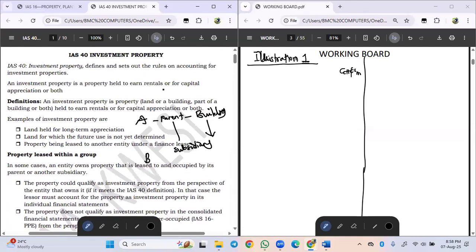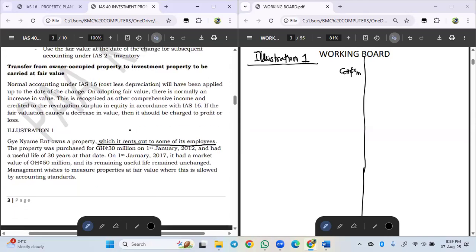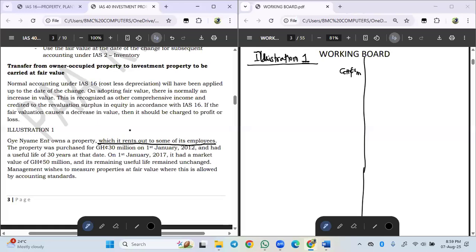Okay, that is okay. But look at this. You are saying that property leased to another entity under finance lease. Here, that statement will try to confuse you, but it's rented out to some of its employees, and employees are not outside the company.